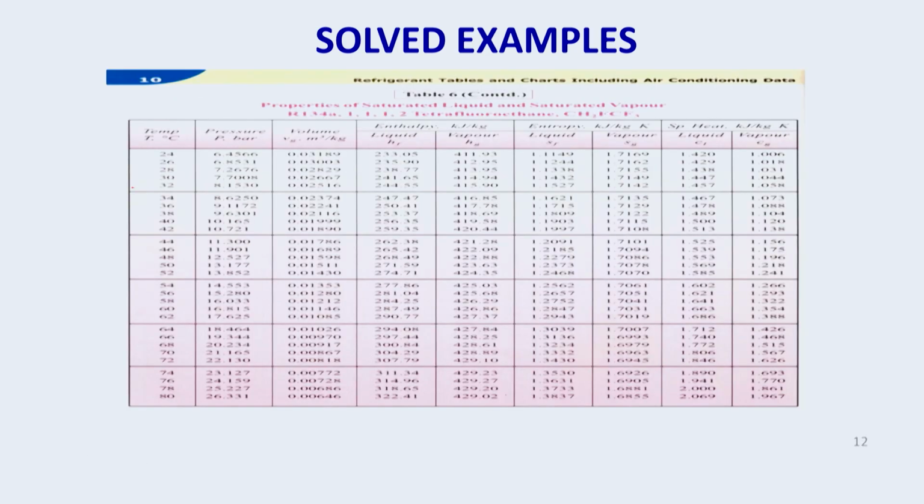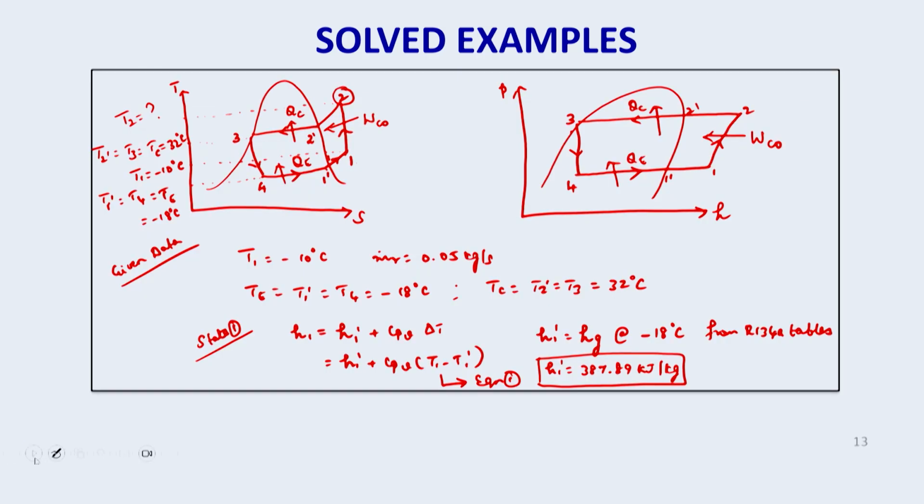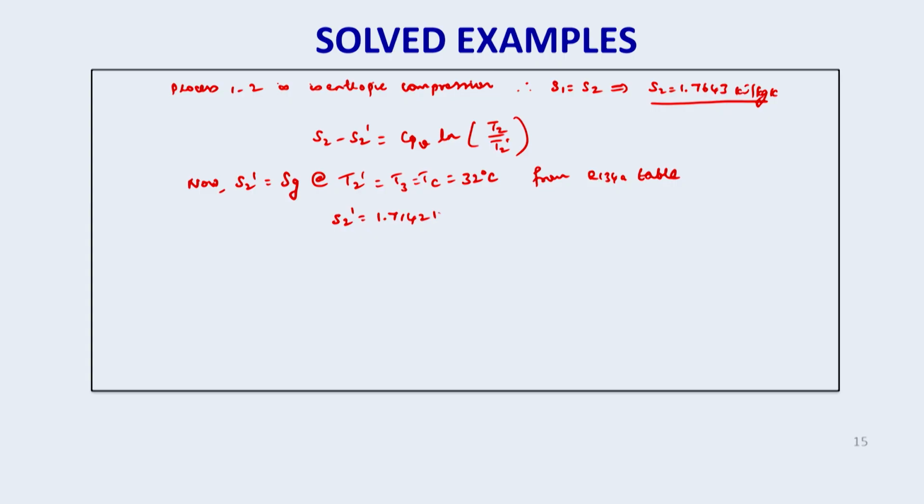This is 32. Vapor entropy is this one, 1.7142. So S2 dash is equal to 1.7142 kilojoule per kg Kelvin. This is the value of S2 dash.